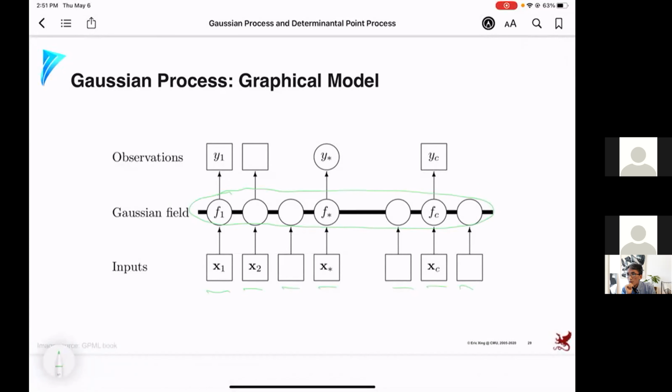Right, John, as you point out, in this model they assume that every data point is correlated with each other. And this correlation is described by how far away those two inputs x are. The idea is that if the inputs are close to each other, then the outputs y are also going to be close to each other.